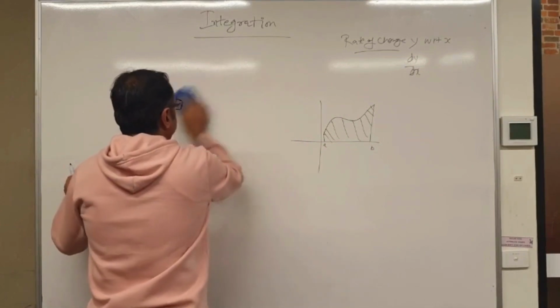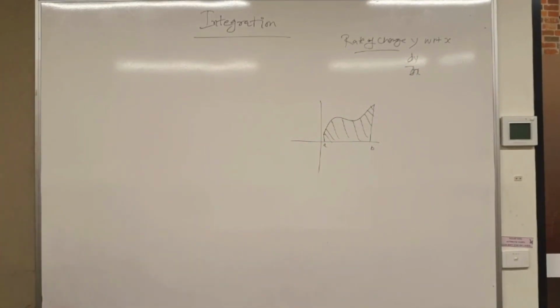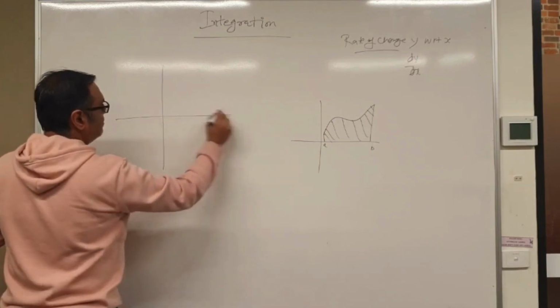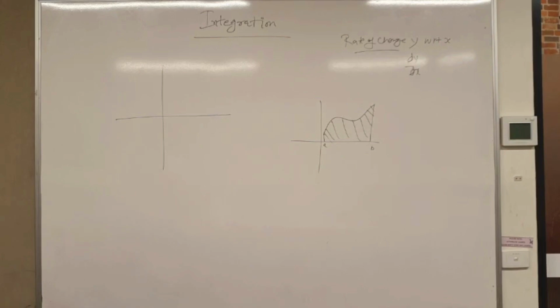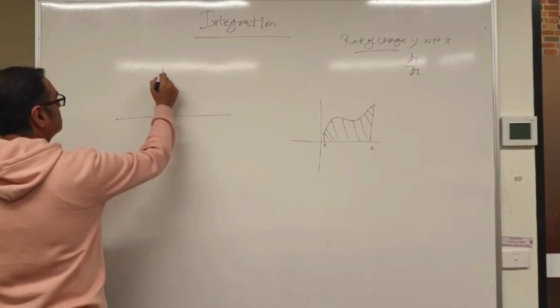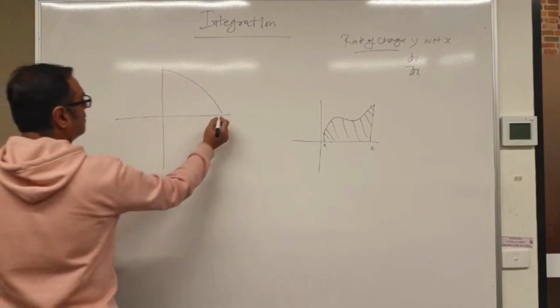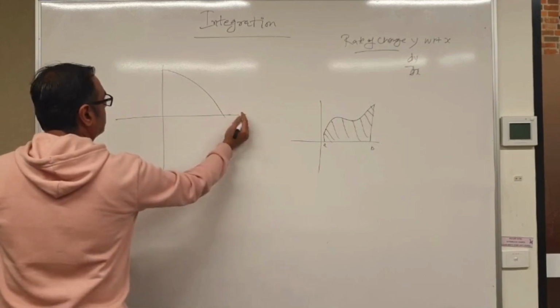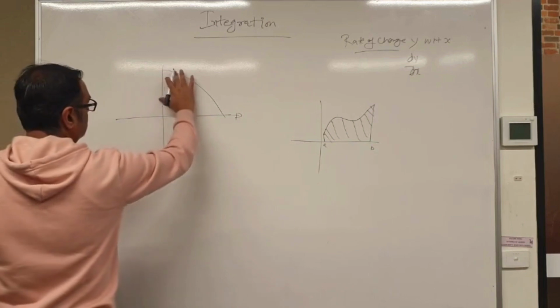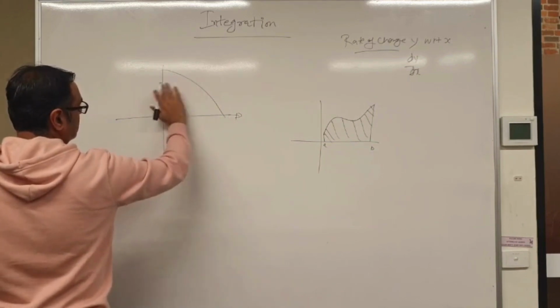Let's take an example. Let's say, I'll grab the book. You have a graph like this. And I'm asked to find the area under this curve. Here, all of that, this side.